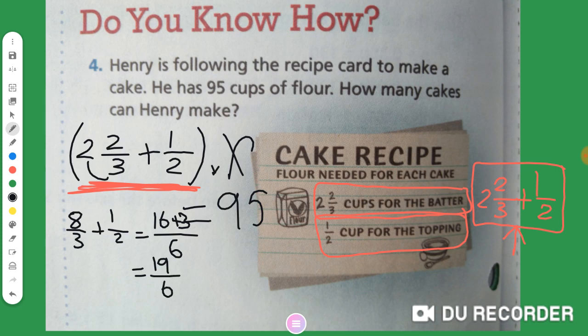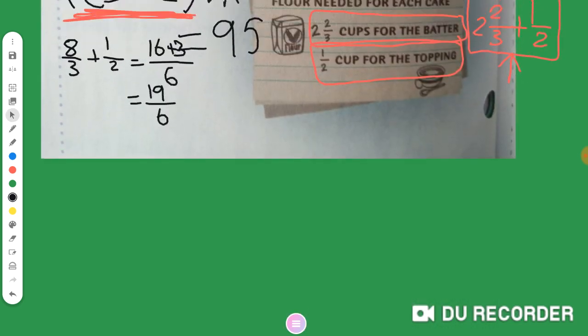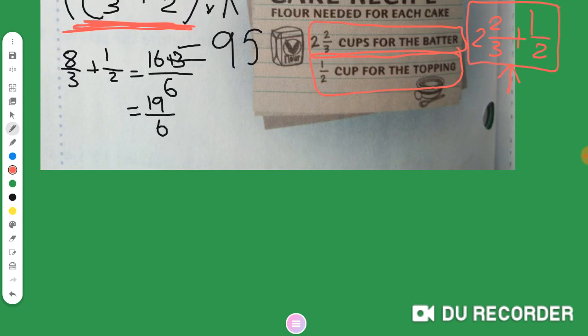Okay, so this is the answer. So I have now this equation: 19 over 6 x equals 95.